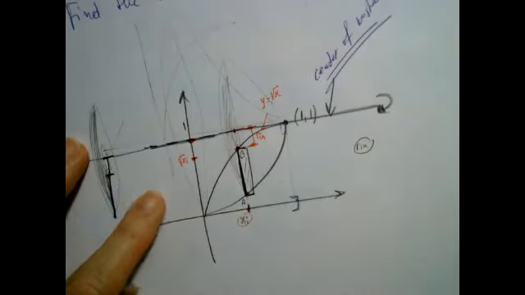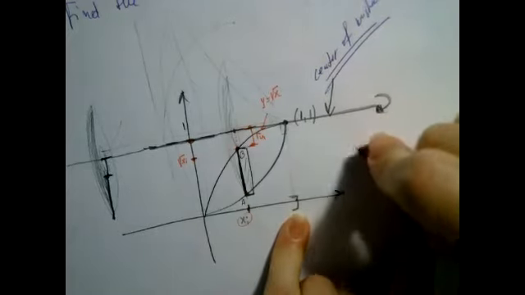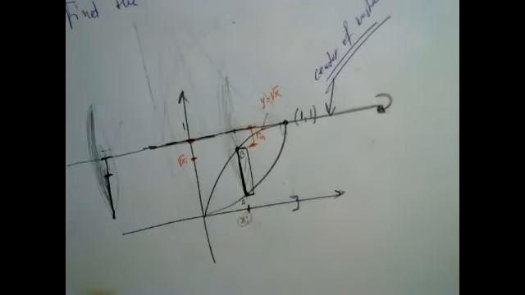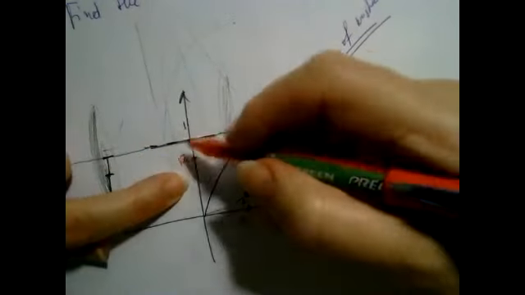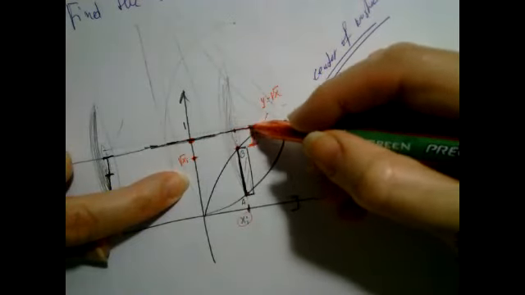Now, do you feel comfortable to give me a formula for the inner radius? Basically, I'm finding this distance from here all the way down here. That's the inner radius.